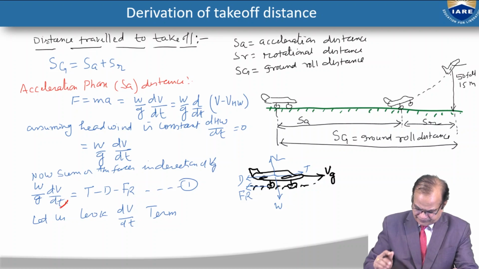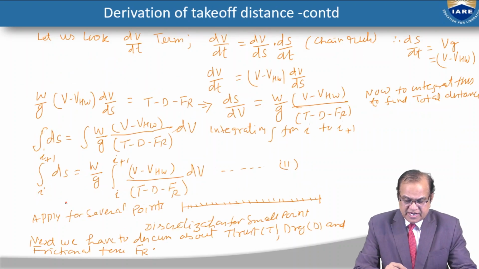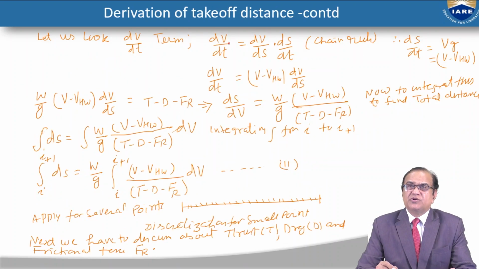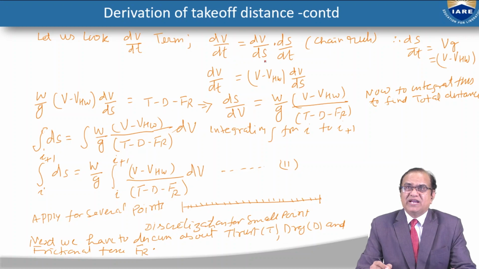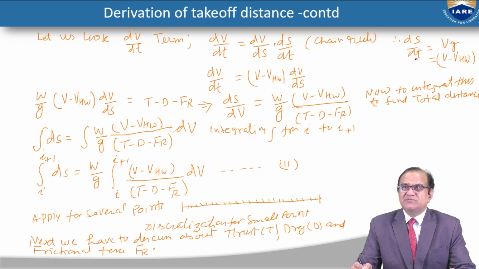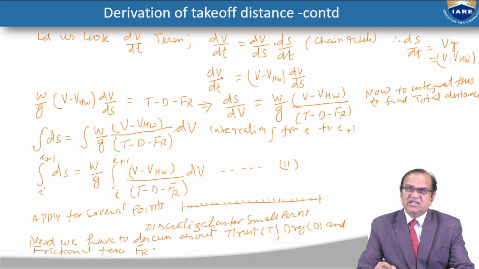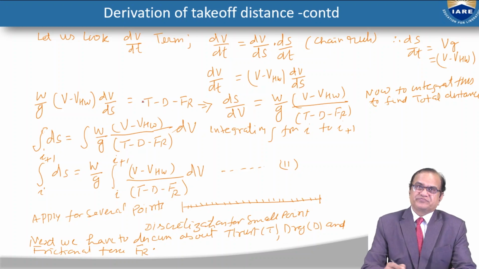So let us look at the dV by dt term here. dV by dt is equal to dV by dS into dS by dt. By the chain rule, dS by dt is equal to VG, that is the ground velocity, which is V minus VHW. So here dV by dt is equal to V minus VHW into dV by dS.